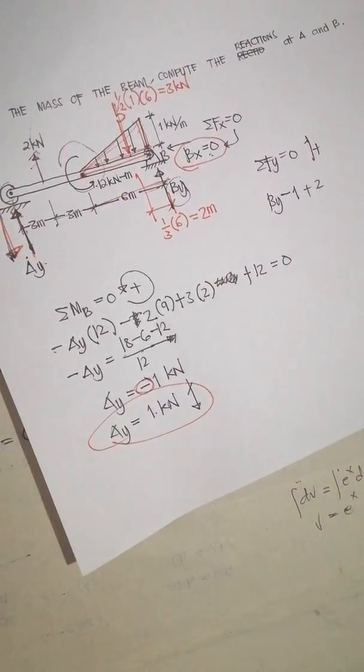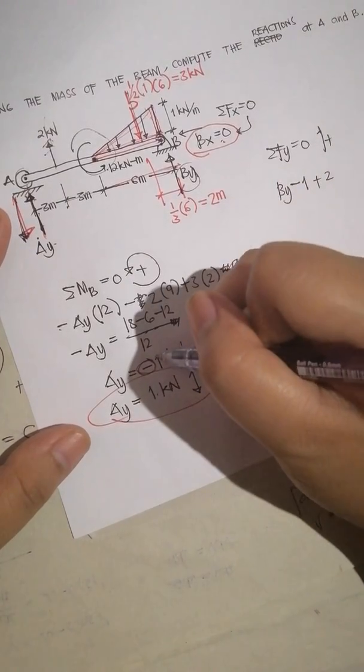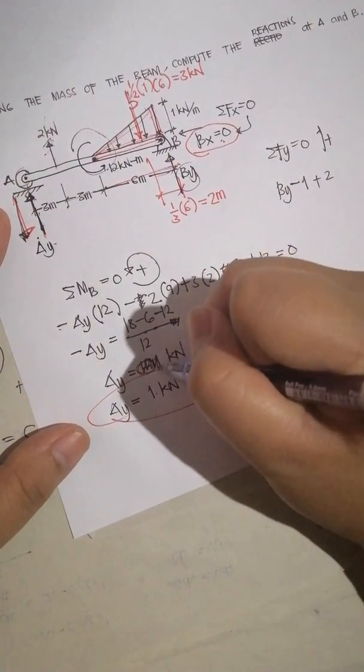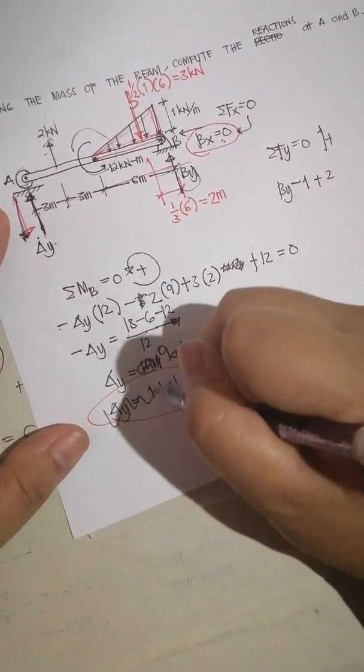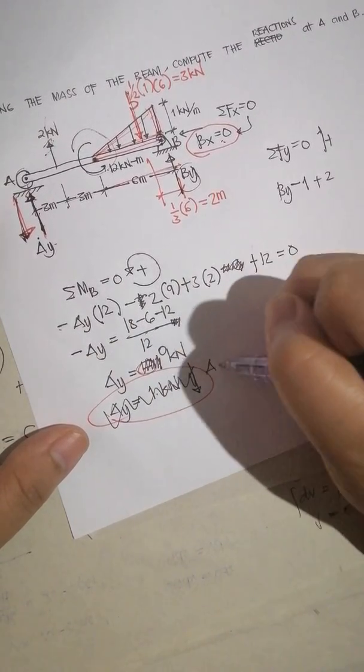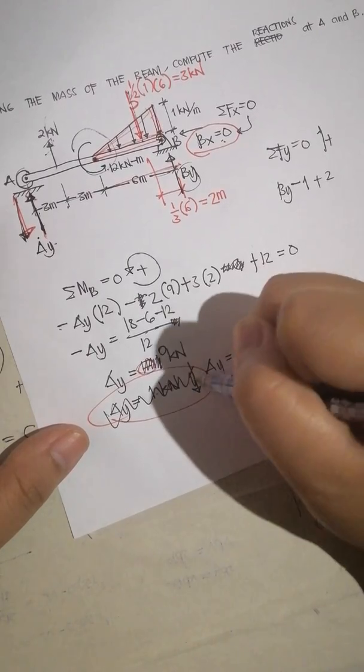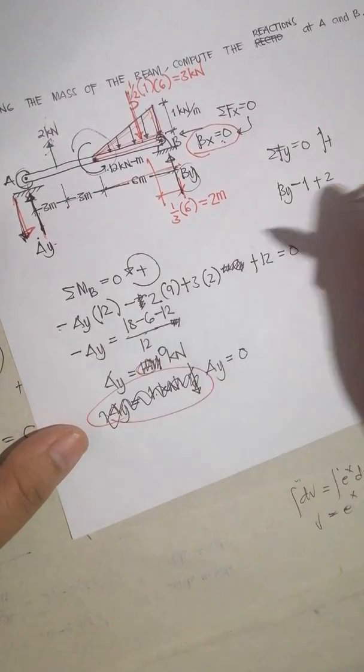Oh, this should have been equal to 0. So AY is 0. Okay?